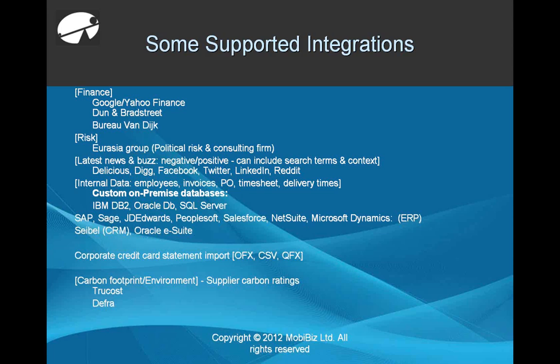Then for political risk, we have an organization called NSP. Then social media feeds, and then obviously internal data from purchase orders to invoices to timesheets to delivery times, custom databases, then SAP, Sage, or pretty much all the major ERP systems.